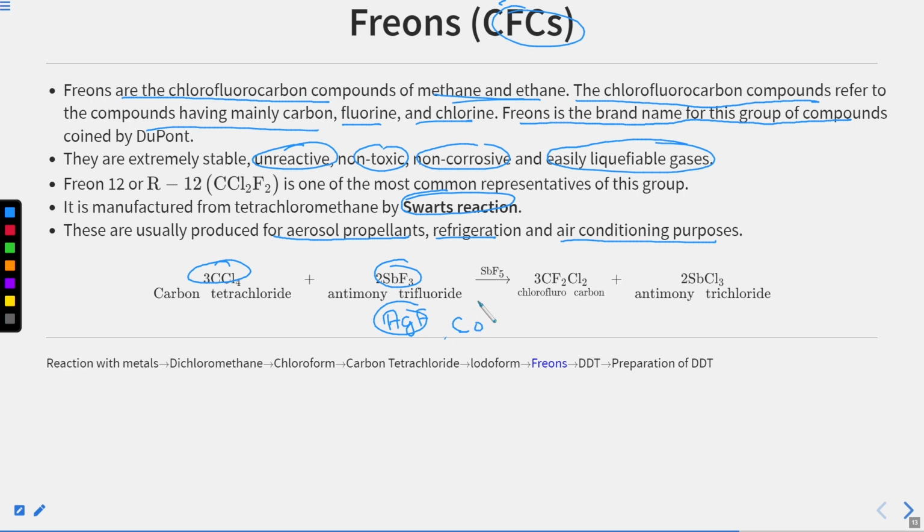It will give you CF2Cl2, a chlorofluorocarbon. Here we exchange halogen two times: first we exchange one chlorine with fluorine, then we exchange a second chlorine with fluorine, to get CF2Cl2 plus antimony trichloride. In this way you can synthesize freon.